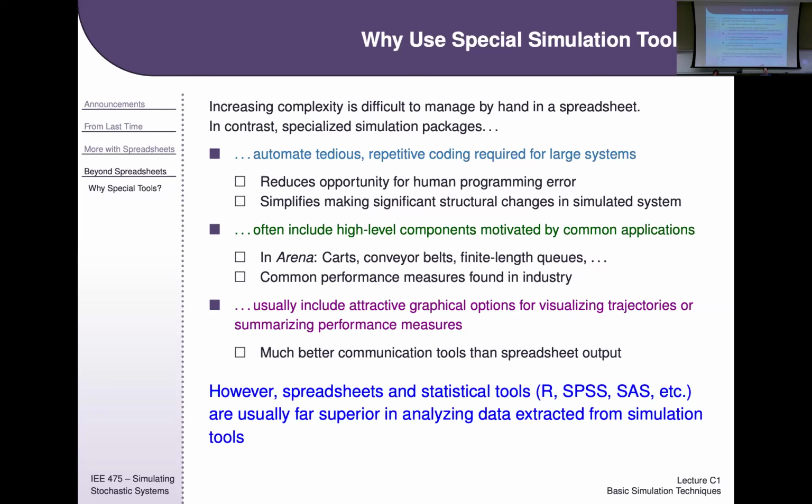But I'm hoping that when you prepare your lab reports, once you start using Arena, you try not to just use the raw outputs out of Arena. They often don't even have axes labeled. So if you can, dump that into a spreadsheet and graph it properly, because Arena is meant to be a diagnostic. It's not meant to be a nice clean output. So that's really what these tools are for.